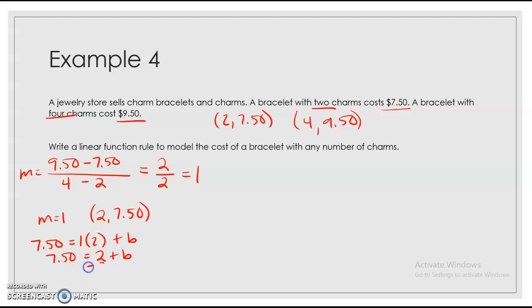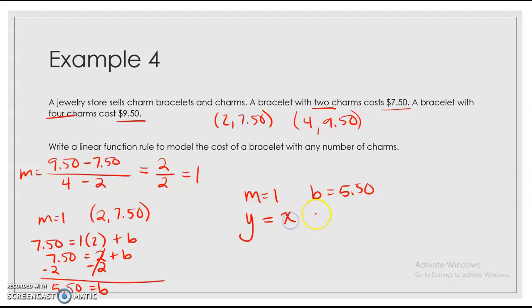Solve for b, we're going to subtract 2 from both sides. And so we get that $5.50 equals b. So I know that m equals 1, b equals $5.50. So my equation is going to be that y equals 1x, or just x, plus $5.50.